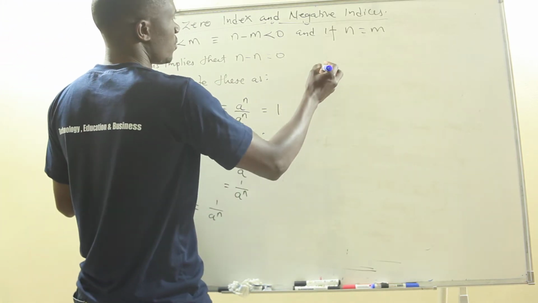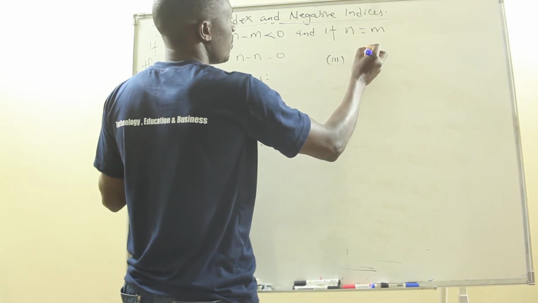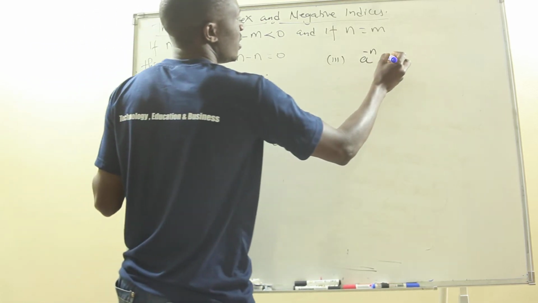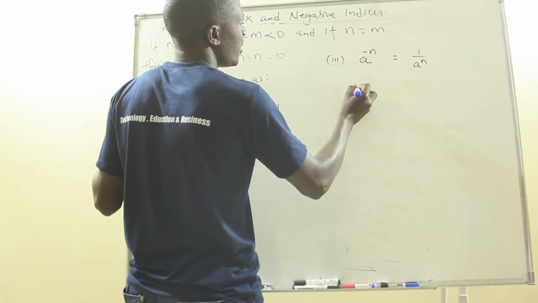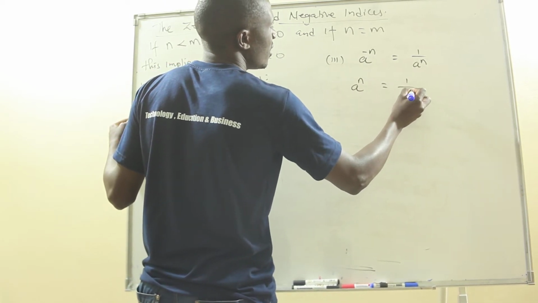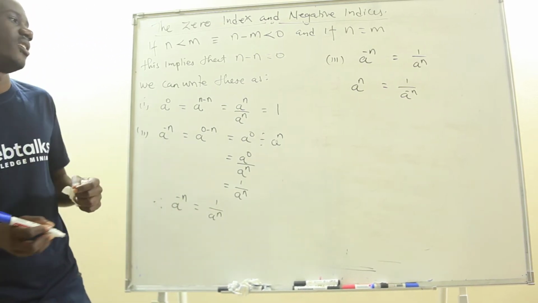Equally, when it goes to Roman 3, a power negative n, we have already said it is 1 out of a power n. And a power n is the same as 1 out of a power negative n. That's one I want you to know very, very well.